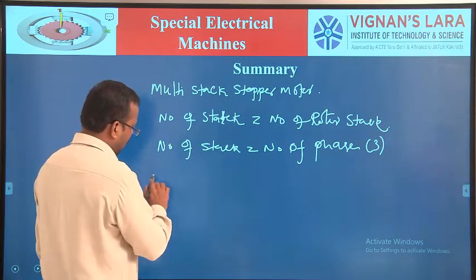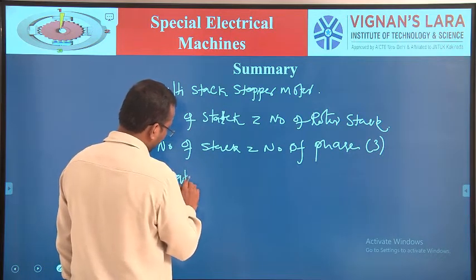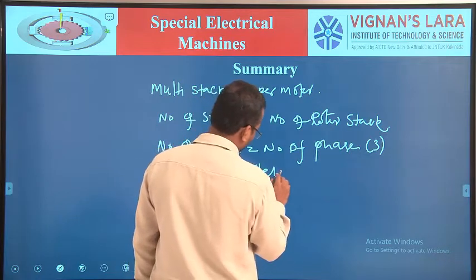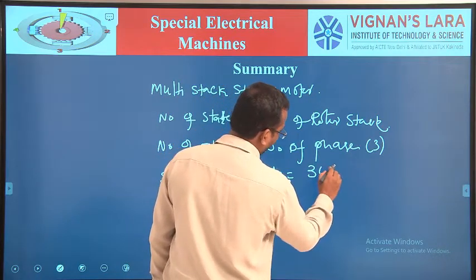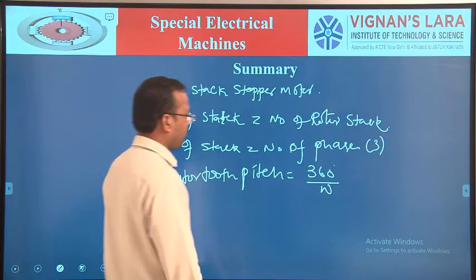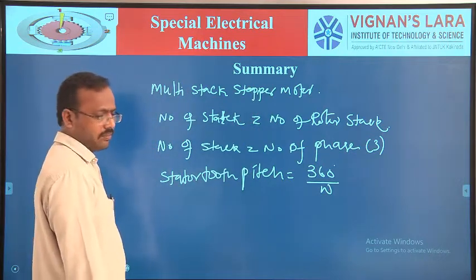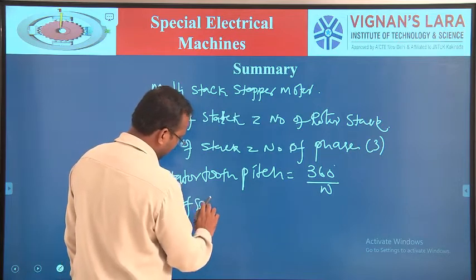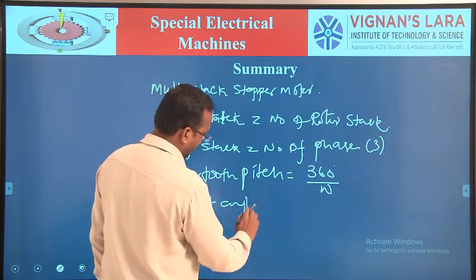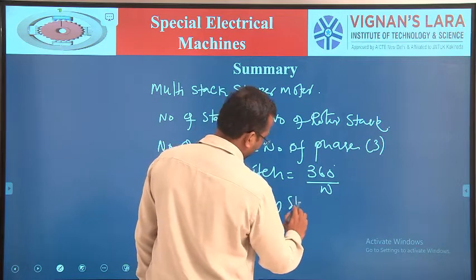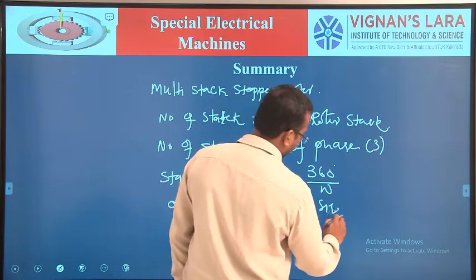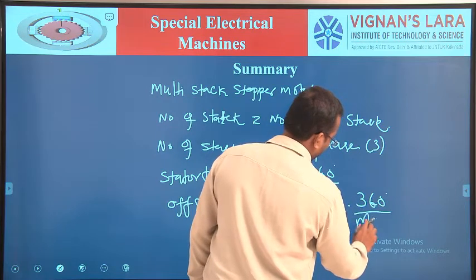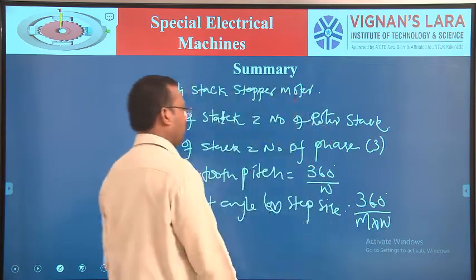The stator tooth pitch is equal to 360 upon n. The offset angle or step size is 360 upon number of phases times n.